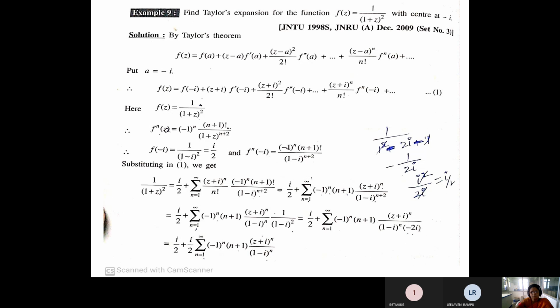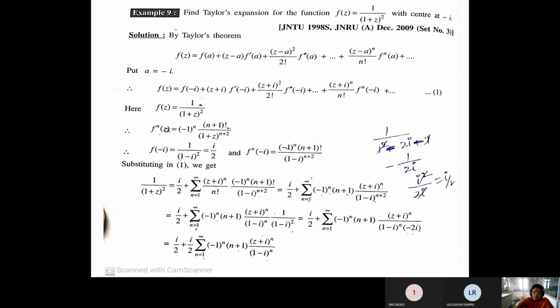Next one is to find the Taylor series expansion for the function f of z equal to 1 by 1 plus z whole square with center at minus i. Center at minus i means a equal to minus i.